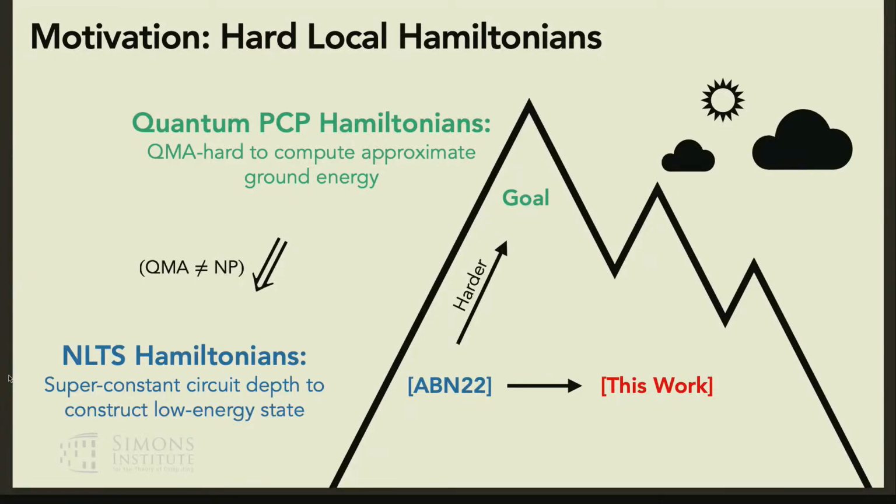But this can still be viewed as, in some sense, progress towards the goal, because the more constructions we have down here, the more degrees of freedom and the more flexibility we have in order to find a construction that might generalize towards something higher. At least that's one motivation for why we might want more of these NLTS Hamiltonians.